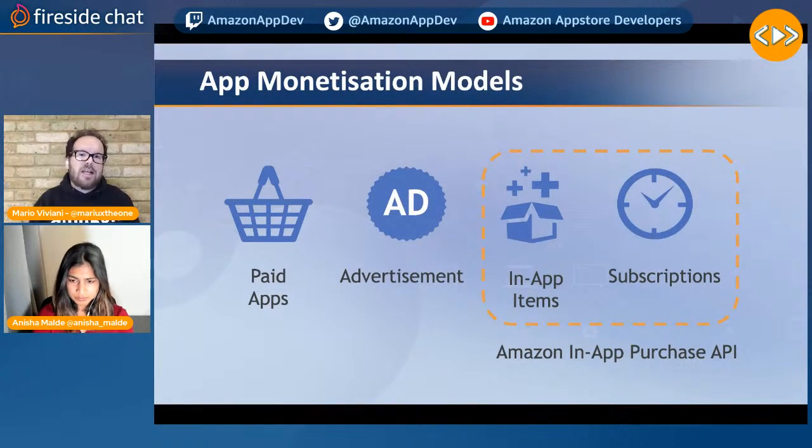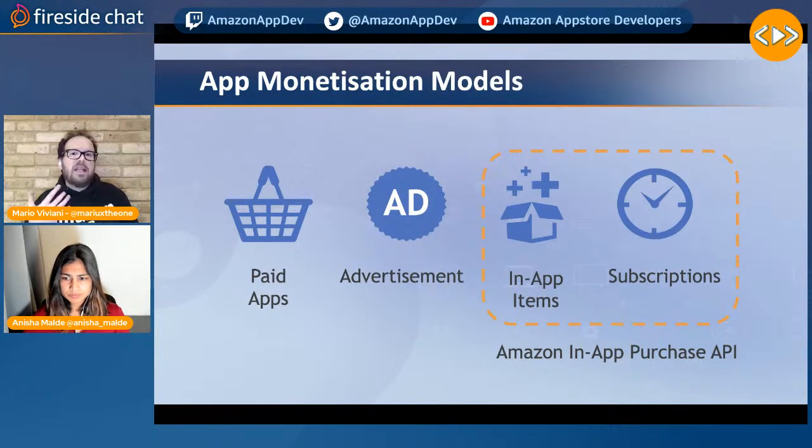And subscriptions is, I would say, the extreme side of the in-app items, because subscriptions, on top of what you already have with entitlements and consumables, have additional flags and criteria that you have to apply.